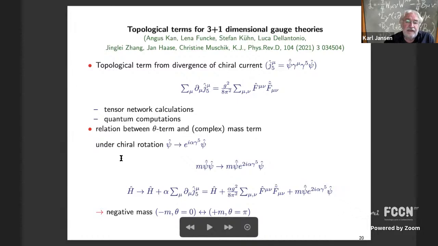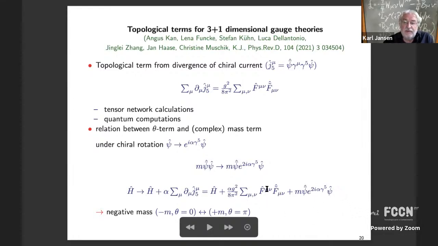And this you do with a chiral rotation. So you rotate the fermion operator with e to the i alpha gamma 5. Then you get this mass term, so you have this alpha parameter in there. This shifts the Hamiltonian, if you allow a parameter alpha in front of this divergence, to this form here.